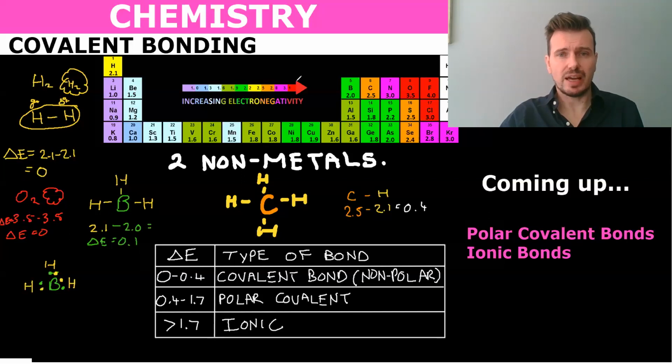So let's look at something similar to BH3, and that would be NH3. So let's look at N. Now N brings 1, 2, 3, 4, 5 electrons to the party. And hydrogen brings 1.